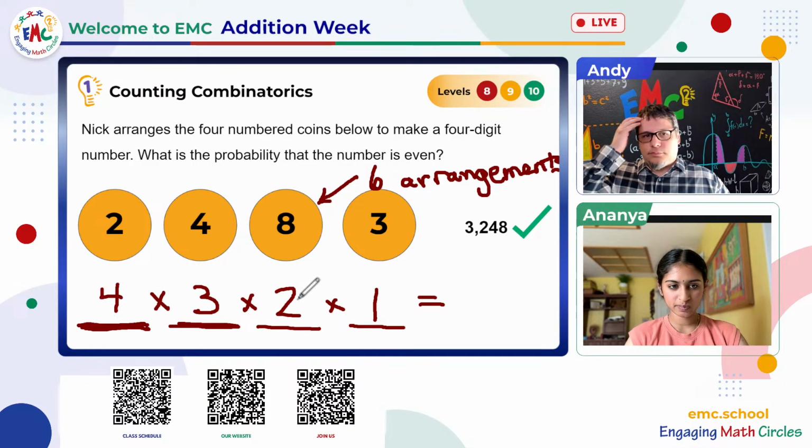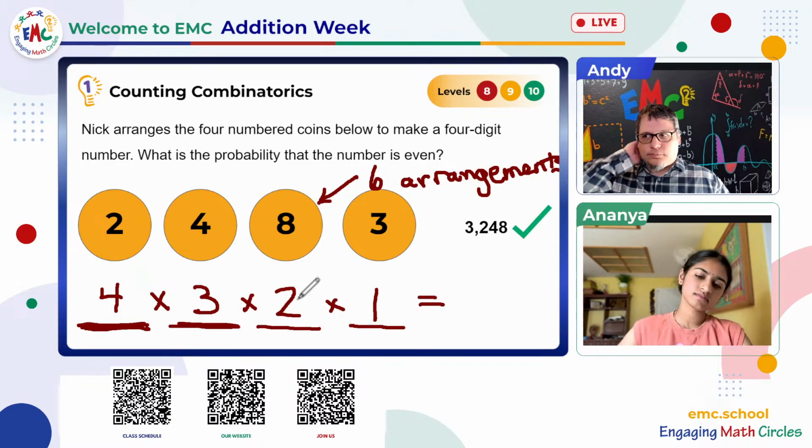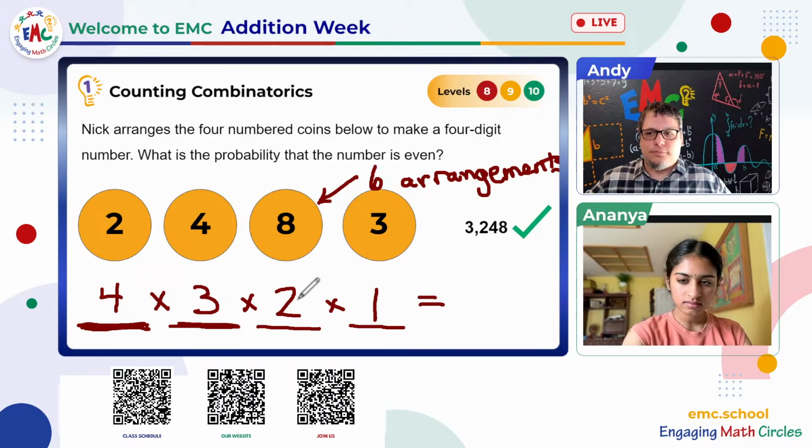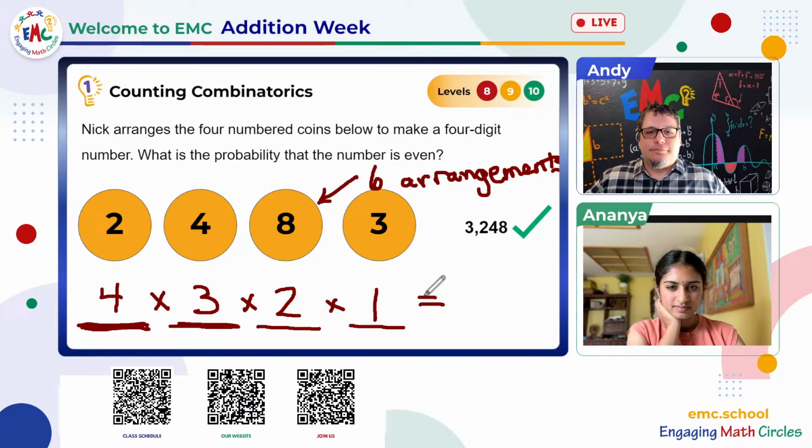Mm, not really sure. Once I've chosen two, what are my branches? I could go in different directions.